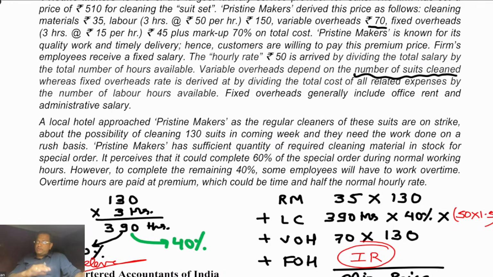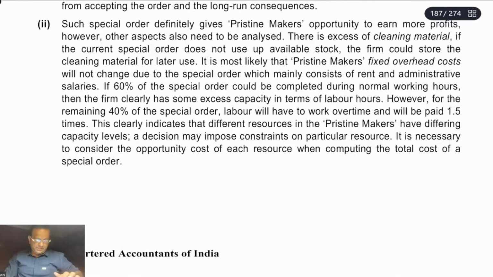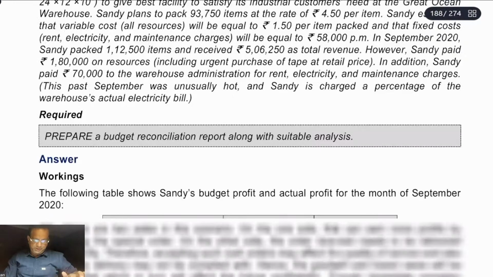So regarding the short-term consequences, we can generate some extra profit, but regarding the long-term consequences, whether we can accommodate such work of 130 cleaning foods on a rush basis without affecting the quality and the timely delivery, that will be our major criteria, because we are known to provide the quality work and timely delivery to the organization. Okay, चलिए. So एक simple question था, but it's a good question, beta, na? Especially the requirement part number 2 and requirement part 3 are good questions.